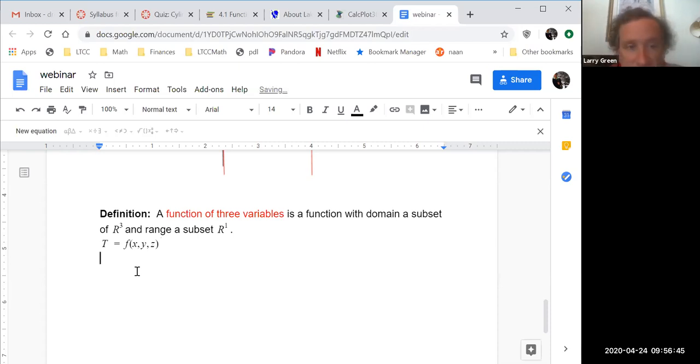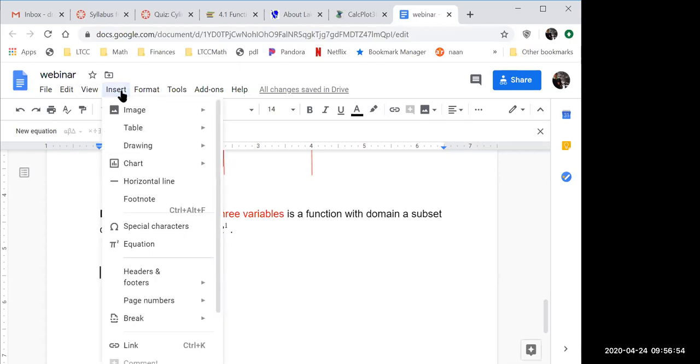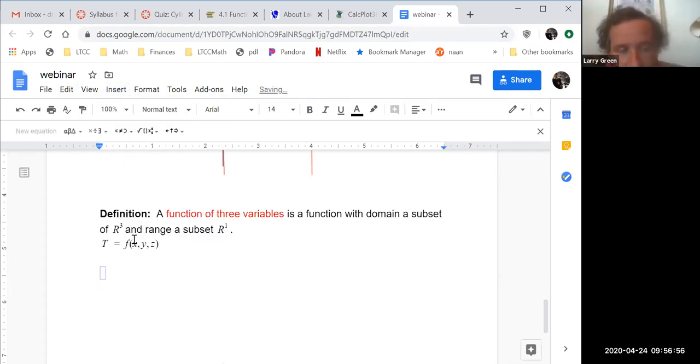Okay. So for example, I'll even do something simple. How about an equation? Let's suppose that f of x, y, z was equal to, how about x plus y plus z squared?